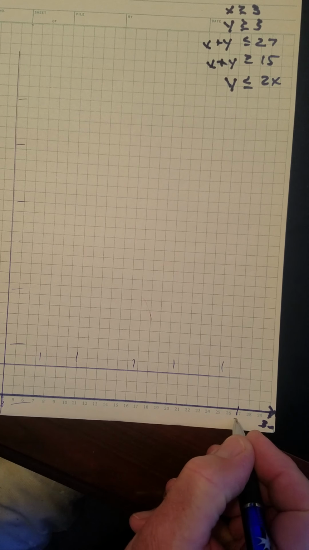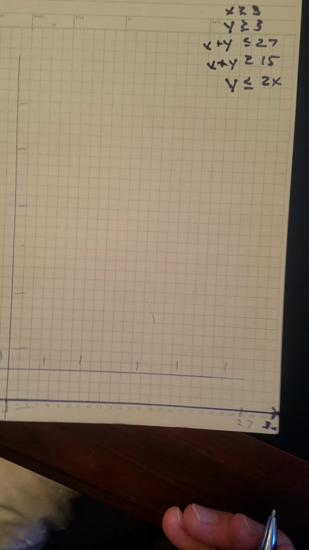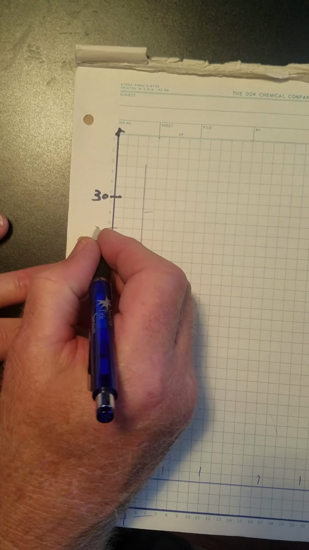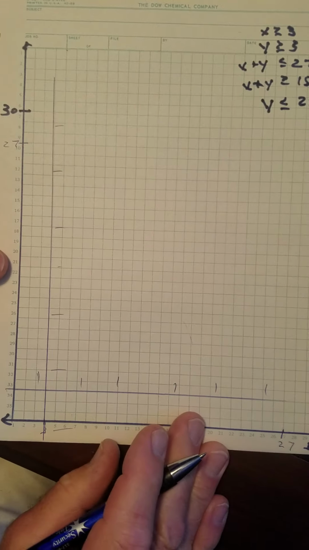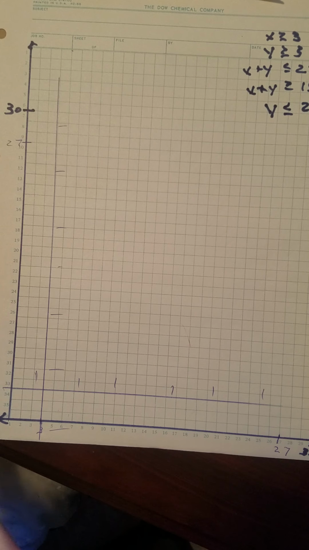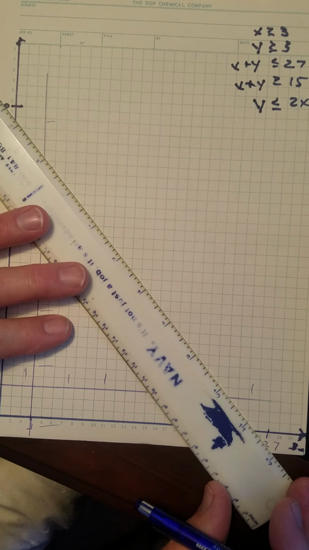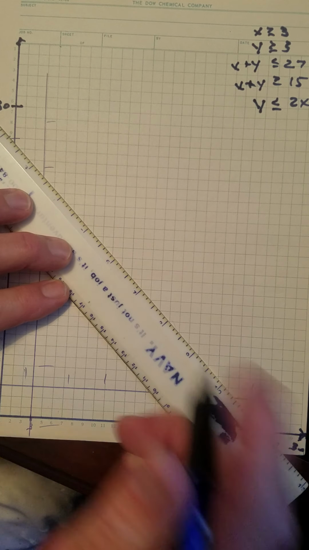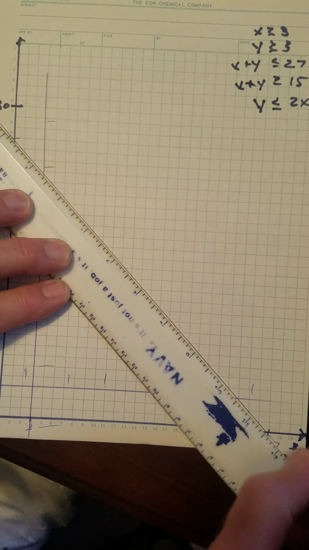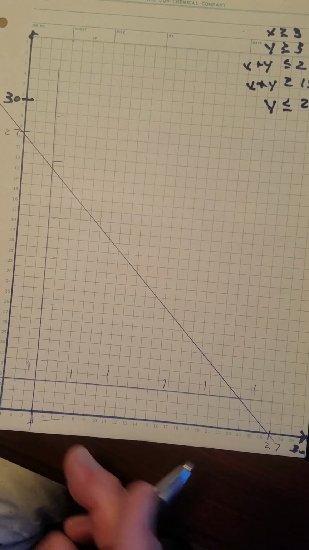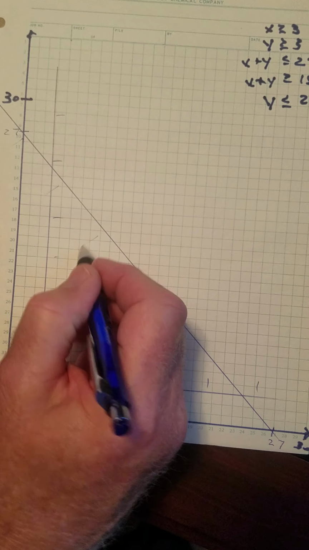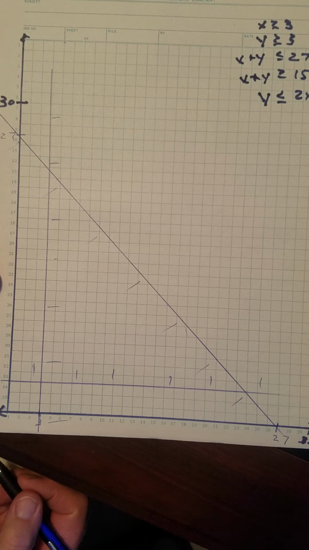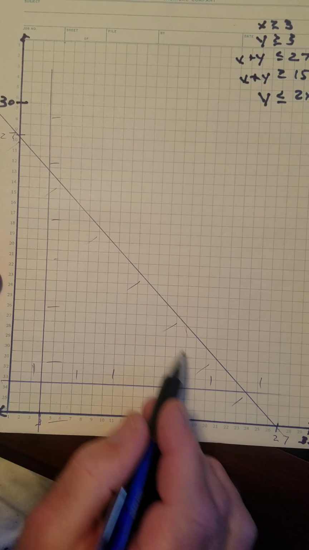I think 27 is right there. Oh, and we can go up here. I already counted this to 30, so 29, 28, 27. So we're going to draw a line basically from 27 to 27. And we're talking these. So now we're talking about the triangular region.